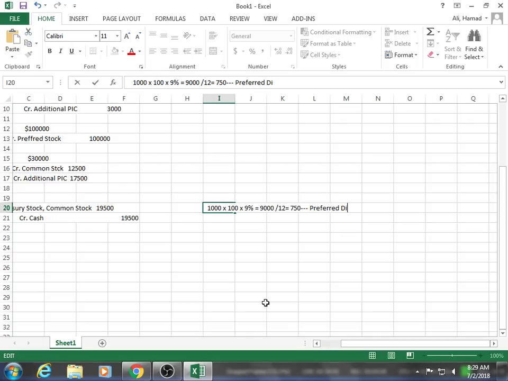How about the common dividends? How do we figure out the common dividend? They're saying 2 cents per share of common stock outstanding. How many common shares are outstanding so far?